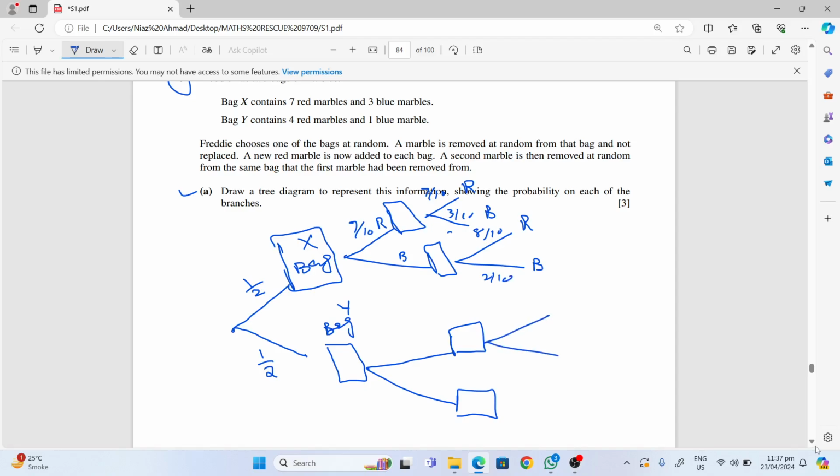Then for the red you have 4 out of 5 and blue is 1 out of 5.